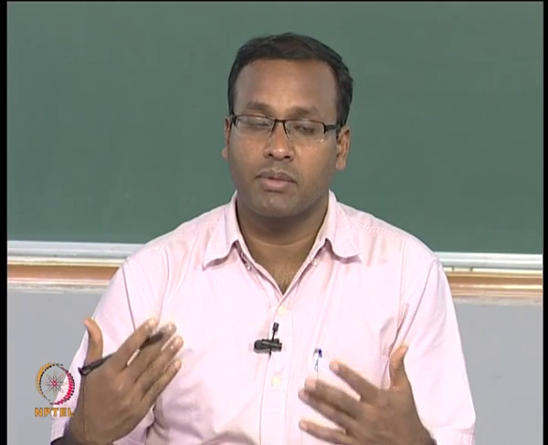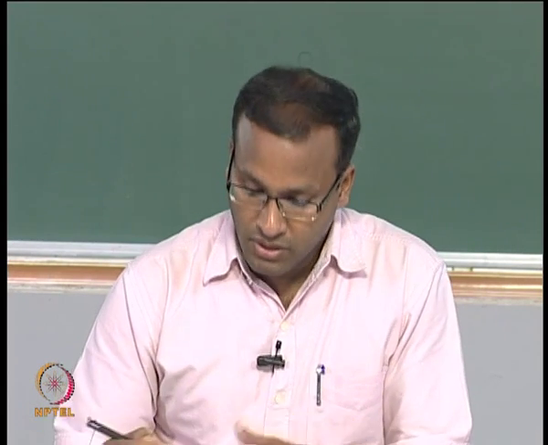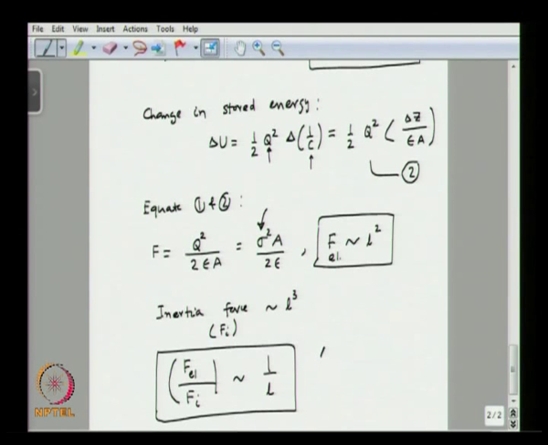If you make the electrostatic capacitor based actuators smaller, the electrostatic force is going to be dominant over the inertia force, okay. So the sensitivity of the actuation can be enhanced. So as L reduces, the electrostatic force goes up. Okay.